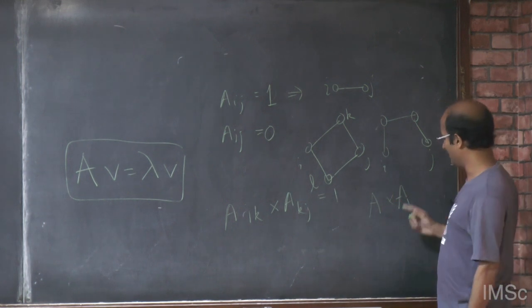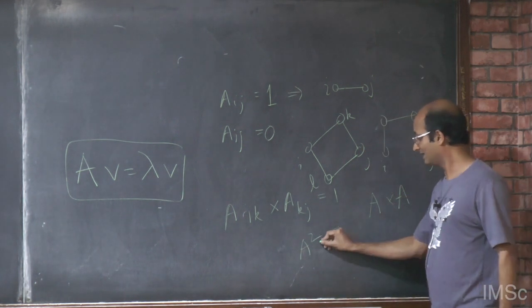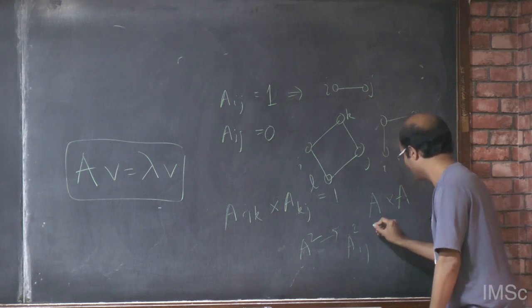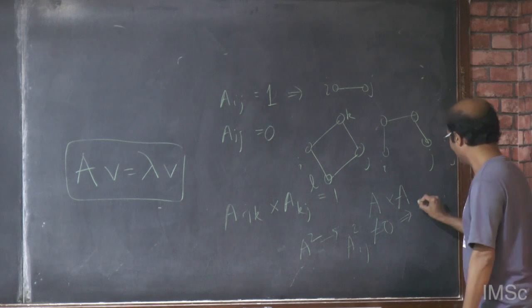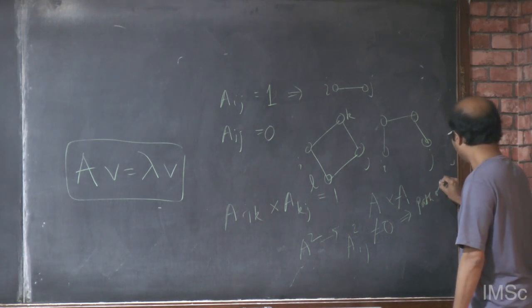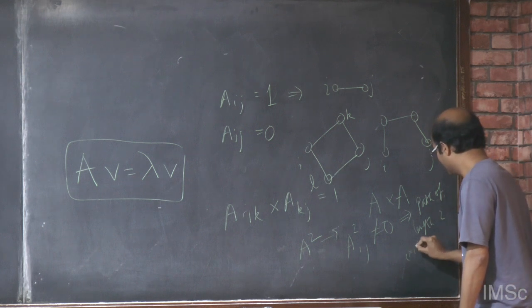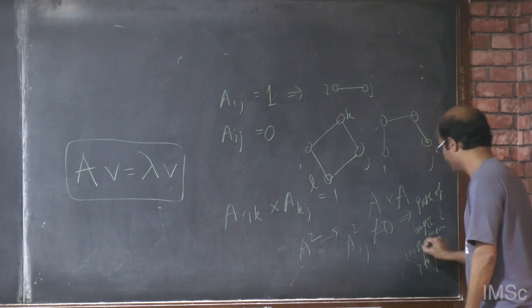So essentially when you do this operation, if it is non-zero, then a path of length 2 exists from i to j.